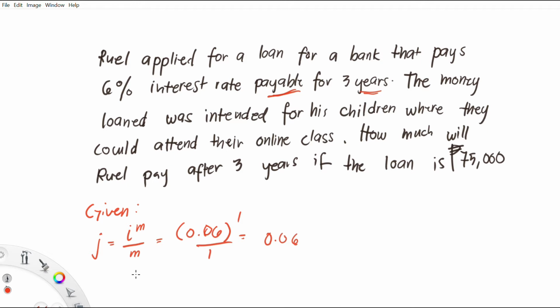And then we have the principal amount or the loan, 75,000 pesos.